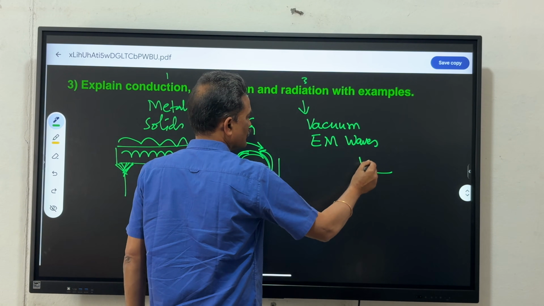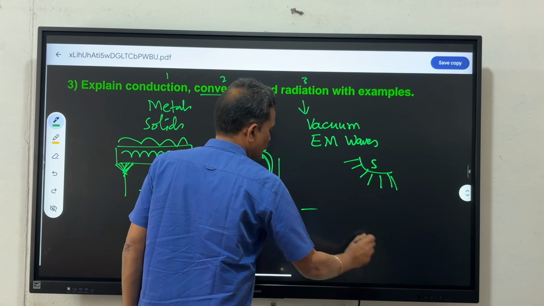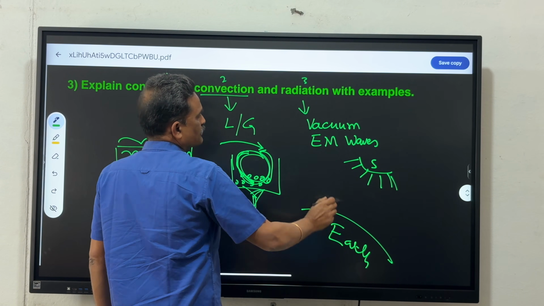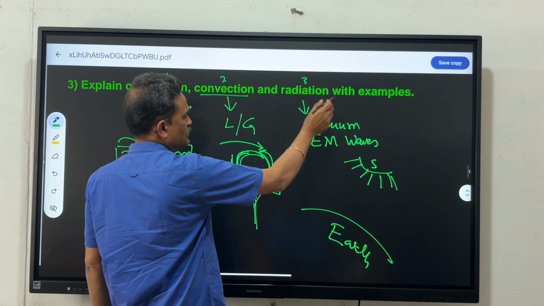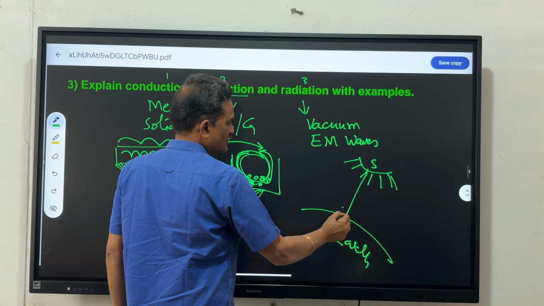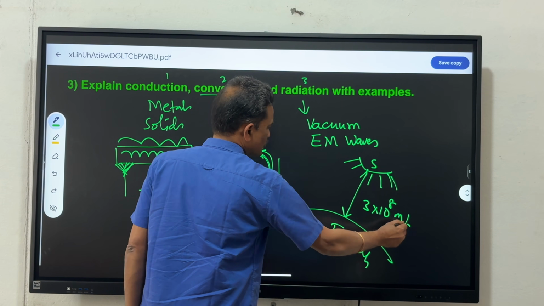In the case of radiation, there is no need of any medium, even in vacuum. So we are getting the heat energy or thermal radiation from the sun onto our earth. And this is the fastest method of transmission of heat, because heat is traveling with the speed of light. Which is the slowest one?